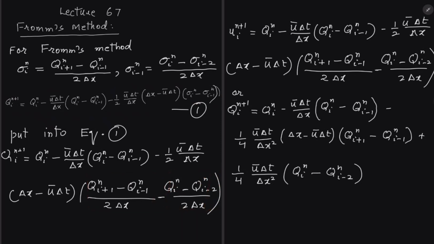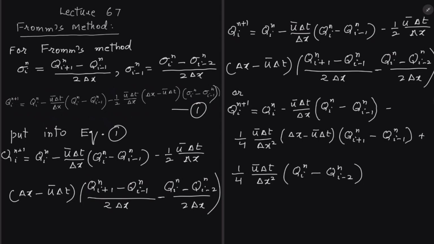and we multiply both, we simplify these terms. On the left hand side, it should be q n plus 1 i.